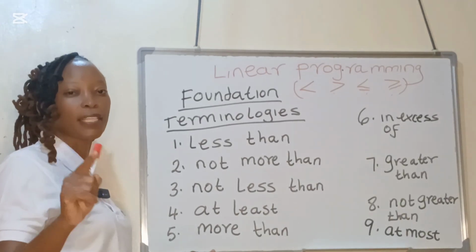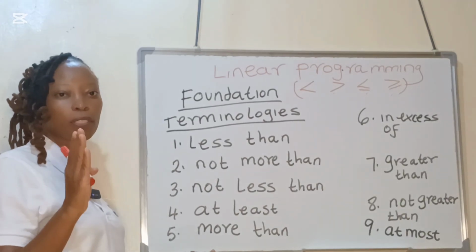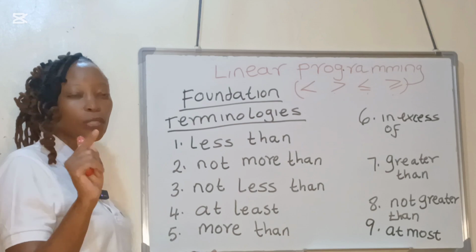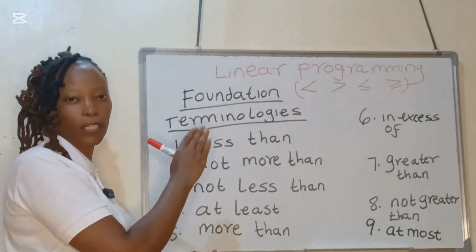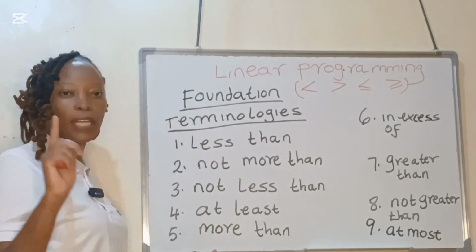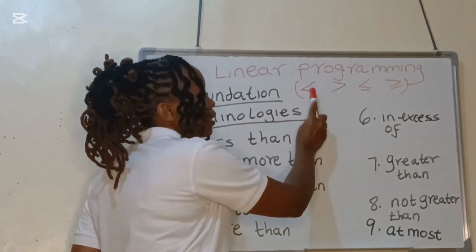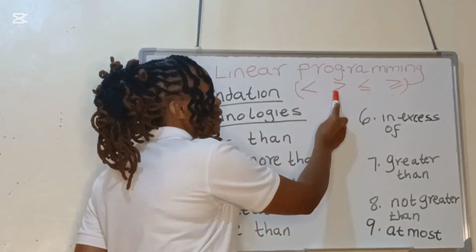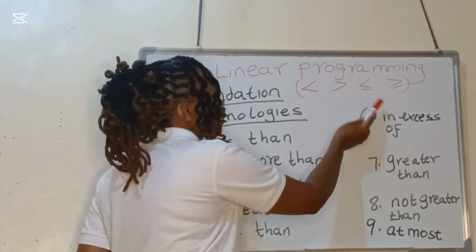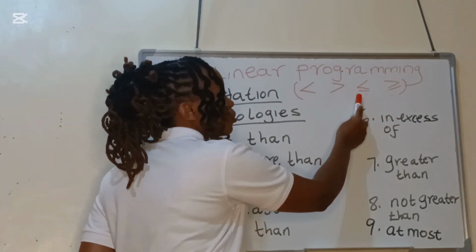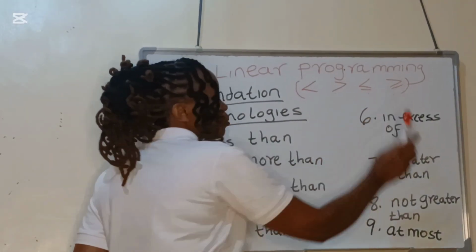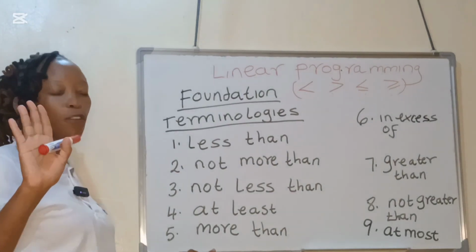You have to understand these 4 inequality symbols even before you start tackling questions on linear programming. So let me repeat. This is less than, this is greater than, this is less than or equal to, this is greater than or equal to. Now you know the four symbols.